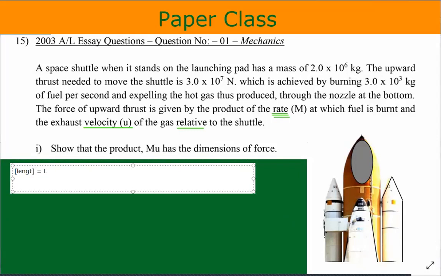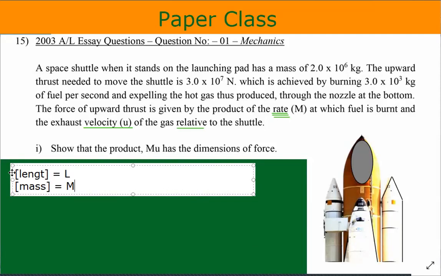The dimension of length is capital L. So it's an English letter, right? If I write mass inside square brackets, the meaning is the dimension of mass. The dimension of mass is capital M. Capital M is a symbol. This symbol M represents the physical quantity mass. The square brackets are used to say dimensions of.